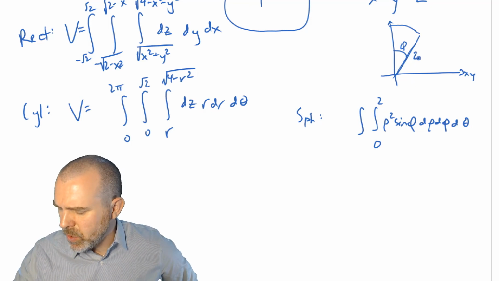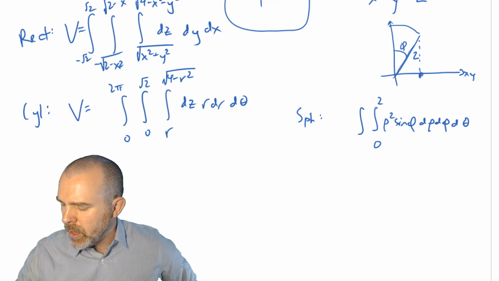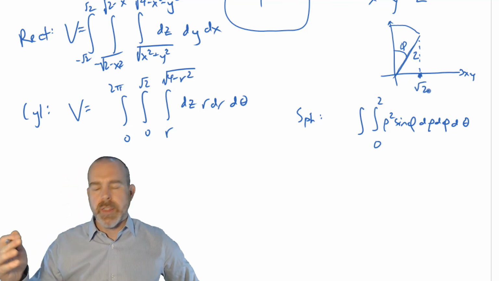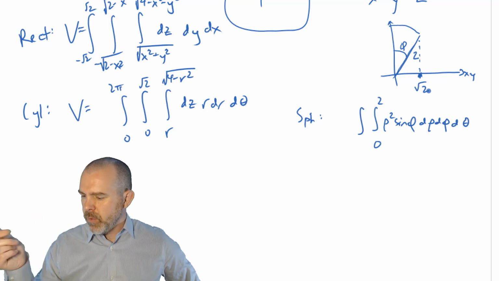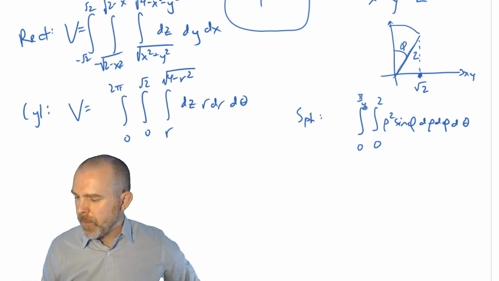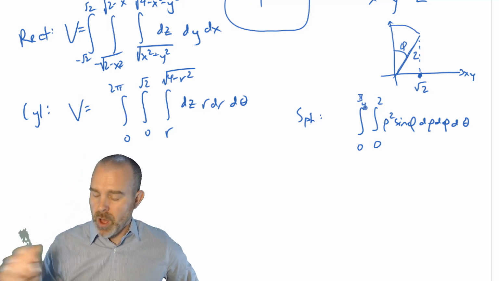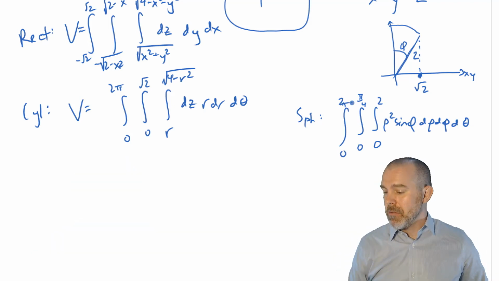This is 2, and if you drop down, that's the circle. This is square root of 2, whether it's on the x-axis or the y-axis. So that's 45 degrees, right? So phi goes from 0 to pi over 4. And then theta has to go all the way around, 0 to 2 pi.